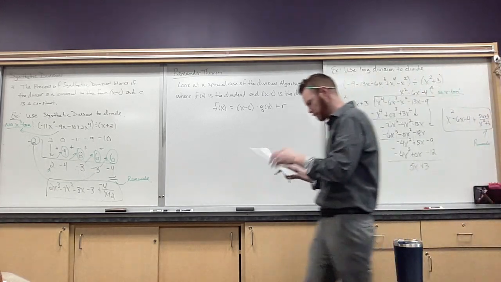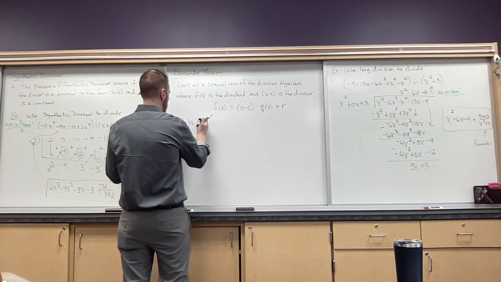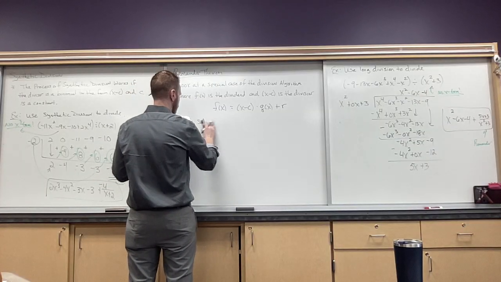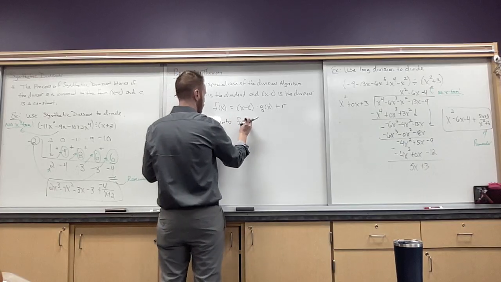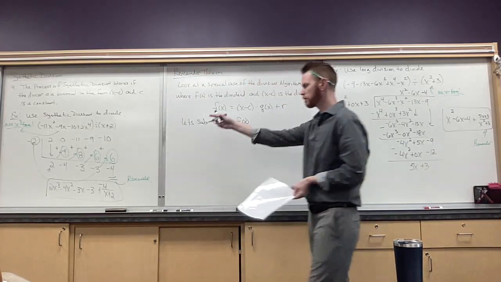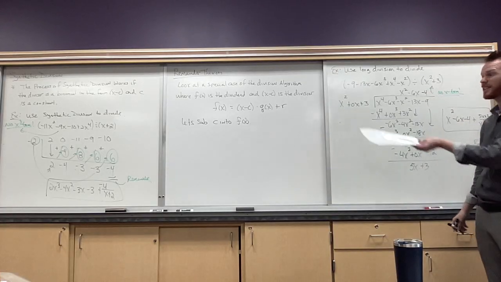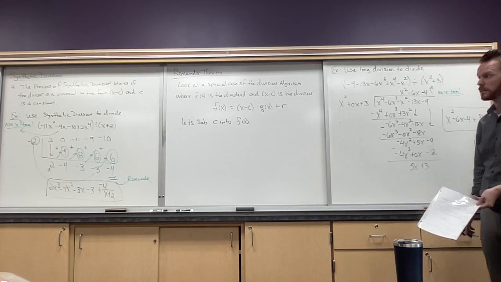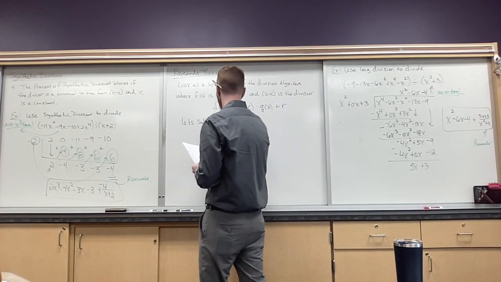So let's do this. Let's sub c into f of x. So in other words, if you look at the prior example, let's say I just subbed 2 into it, or in this case, a negative 2, because it has to be the opposite there. Okay, so what's going to happen? It's going to change some things up.